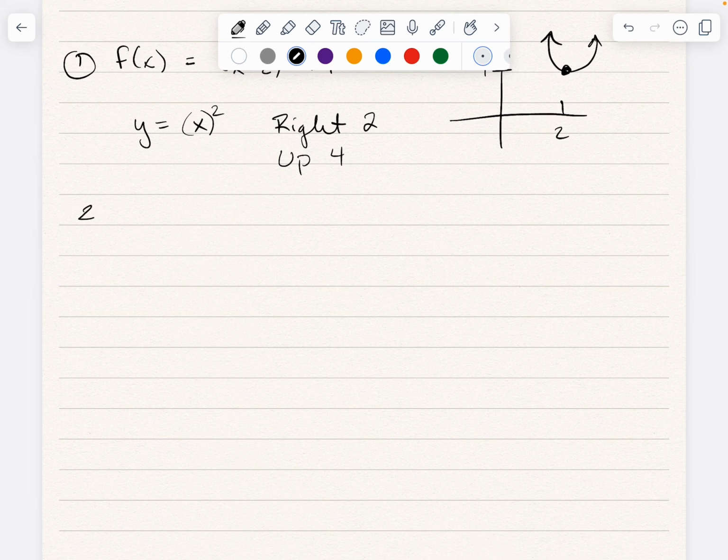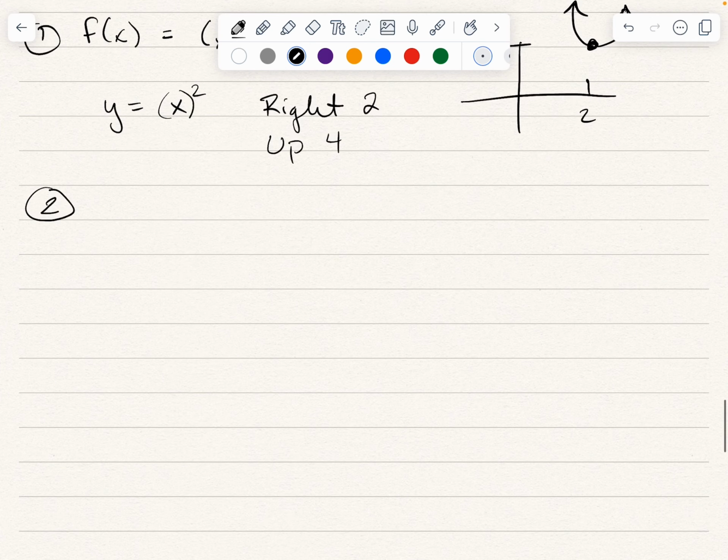Okay, number 2. This says f of x has a negative in front of the parentheses. It looks like that has a cubed on the end, so we are in the cubic family, the x to the 3rd power family. Remember, those graphs look like this.